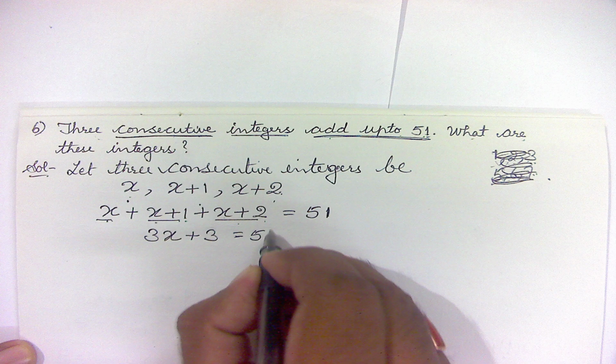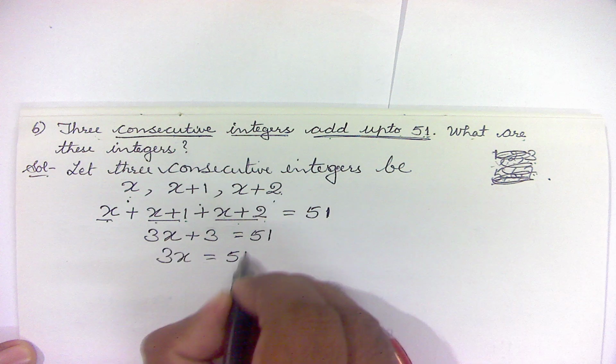So further if you solve, 3x equals 51 minus 3. The plus 3 taken to the other side will become minus. So you have 3x equals 48, that is 51 minus 3. And x is equal to 48 divided by 3, which is 16.